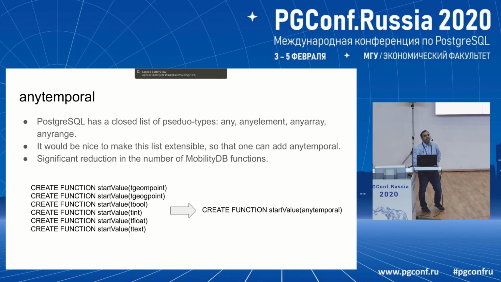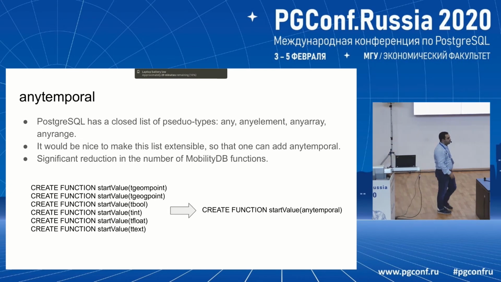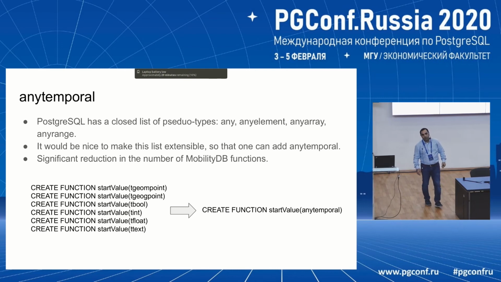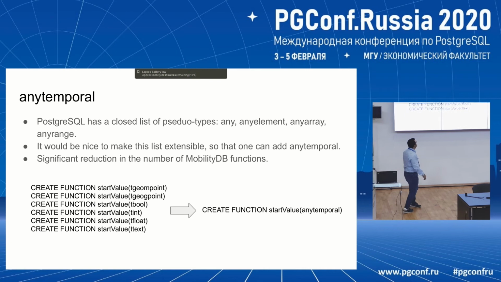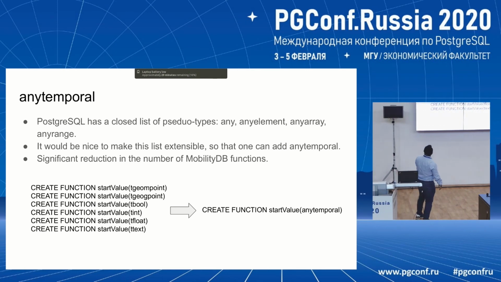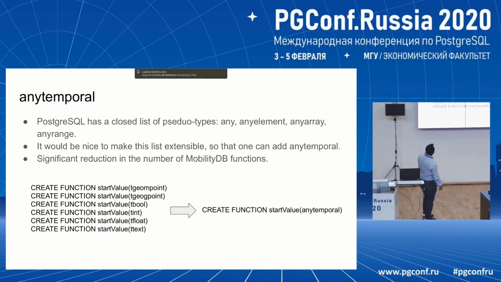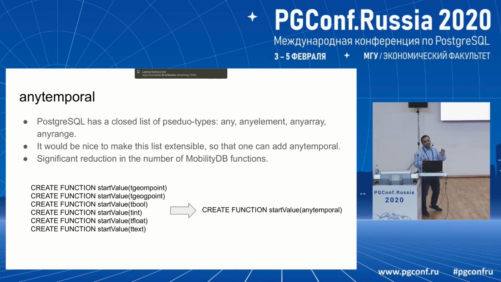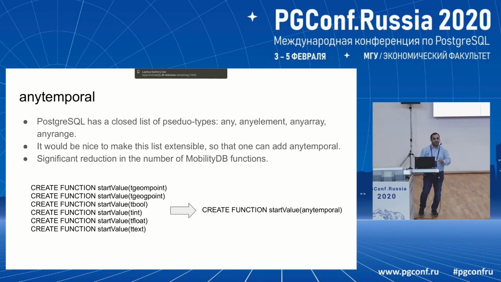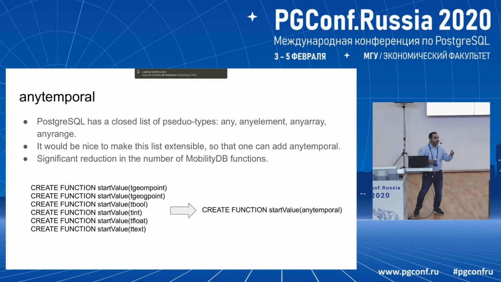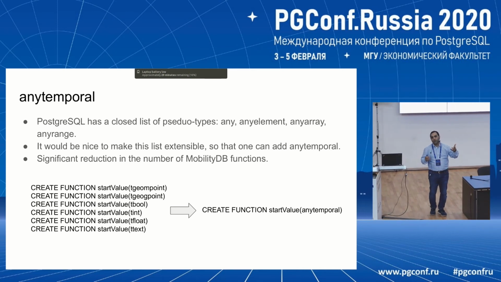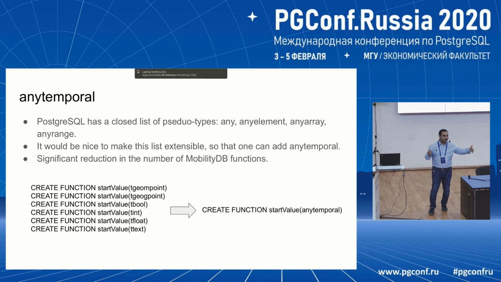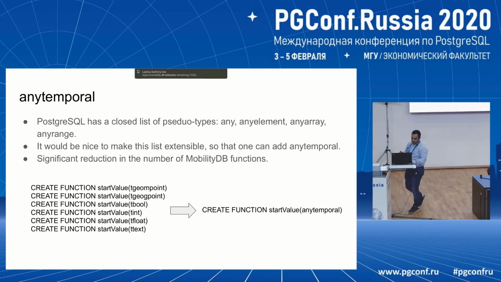Two features that, if added to PostgreSQL, would make our life easier. So I'm discussing them with you here. We would like to see in PostgreSQL something like any temporal. PostgreSQL has pseudo types, any element, any array, and these are basically used to support polymorphic operations at the SQL level.